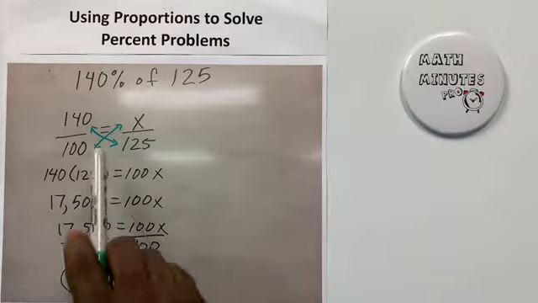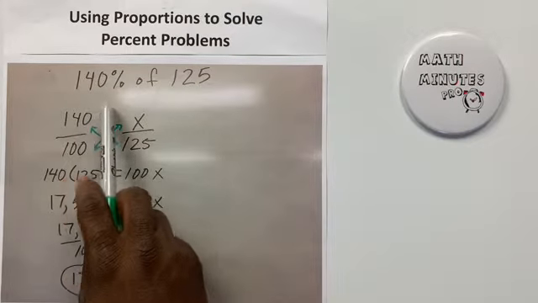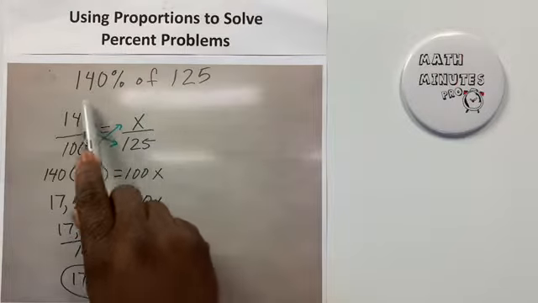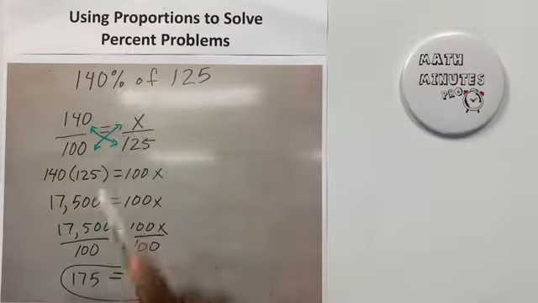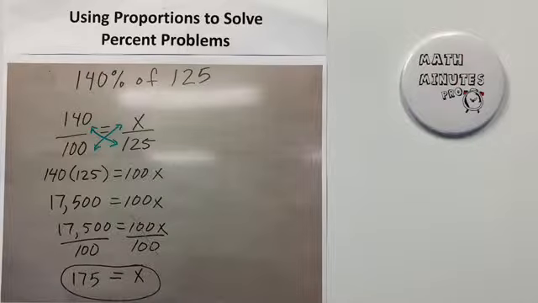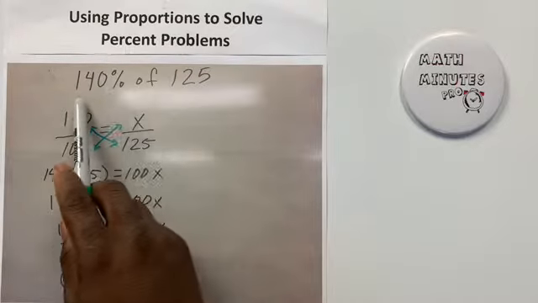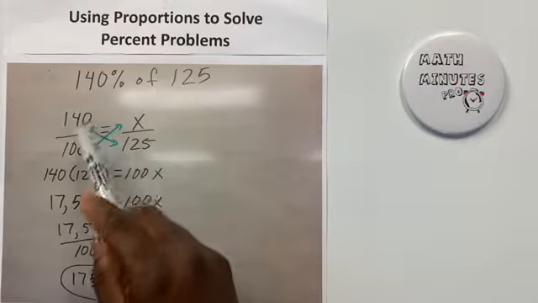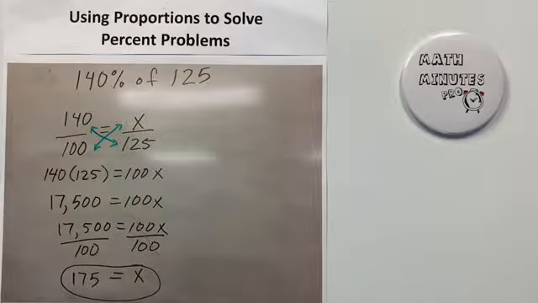So notice we're asked to find 140% of 125. So first thing we want to do is convert this 140% to a fraction or a ratio. The way we write it is we write 140%. When you see percent, you write that as 140 over 100.